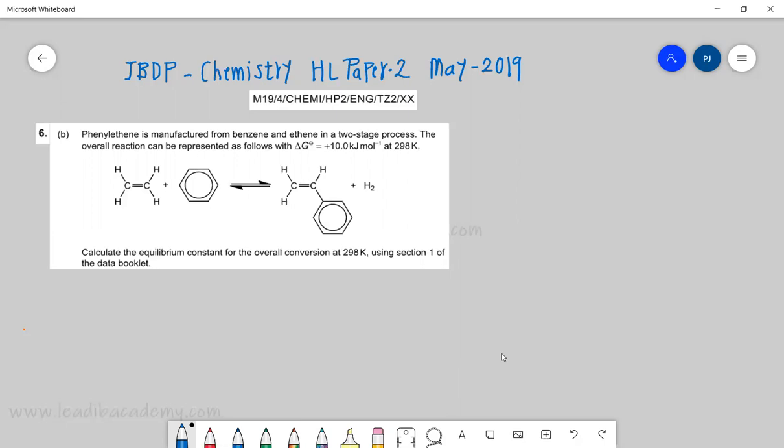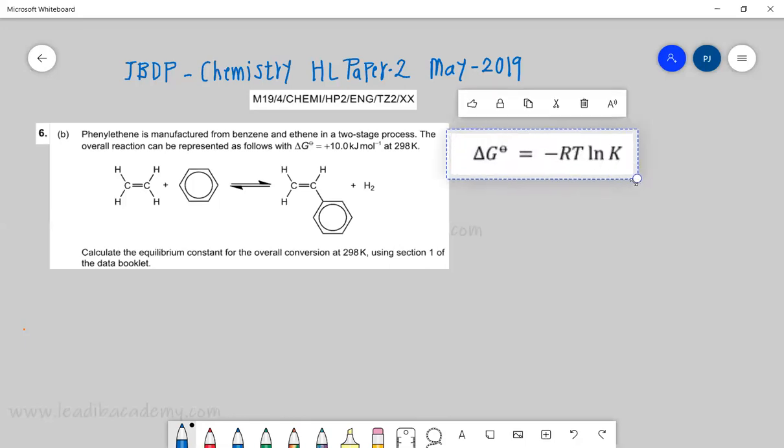So let's understand the question. They are asking to calculate the equilibrium constant for the overall conversion at 298 Kelvin using section 1. Section 1 means the formula.